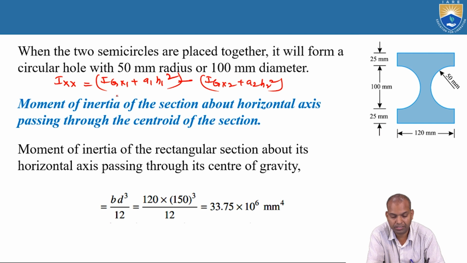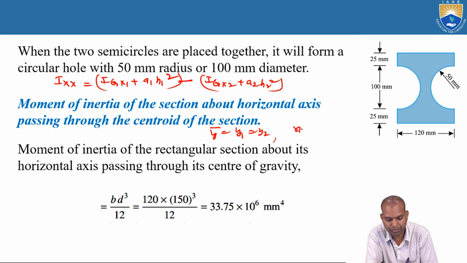In this section, with two lines of symmetry, H1 equal to 0. So bar y, y1 and y2 are all the same: bar y equal to y1 equal to y2. Similarly, bar x equal to x1 equal to x2.